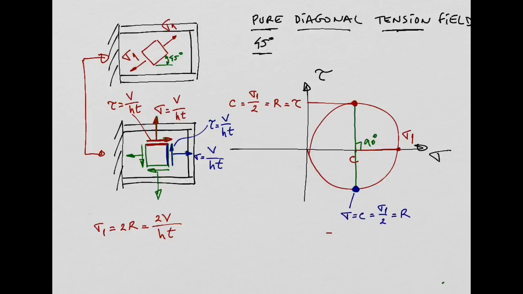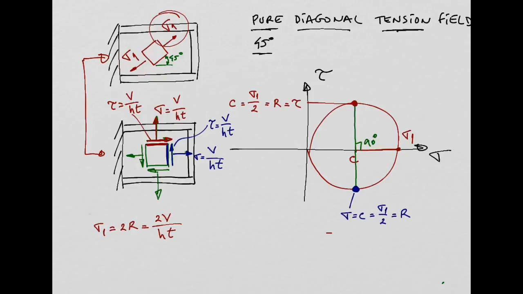Because what is going to happen is the web will buckle, but then extra load is going to be on the sigma 1 direction at 45 degrees, right? So the load that was being carried in direction 2, after buckling, is not carried in that direction, but someone else needs to carry that load. So that load goes into this direction at 45 degrees in tension, right?